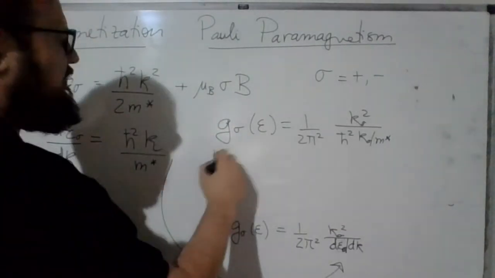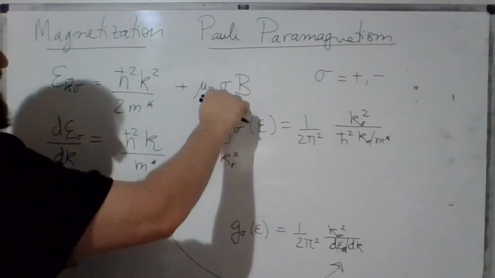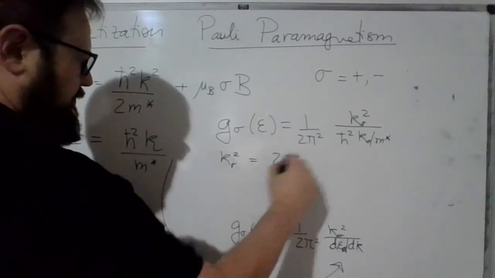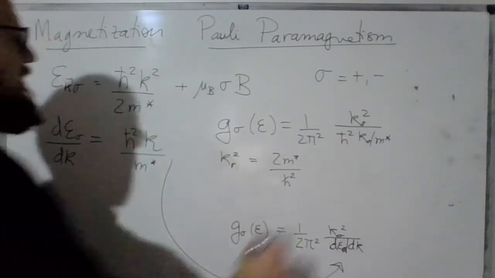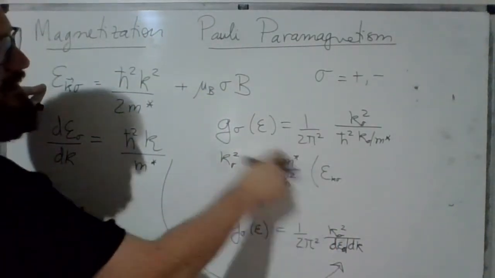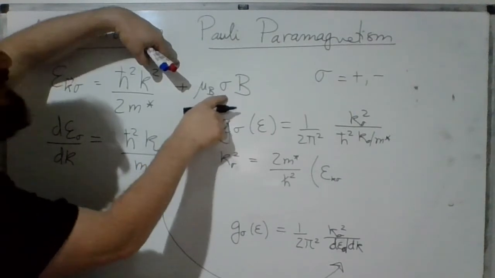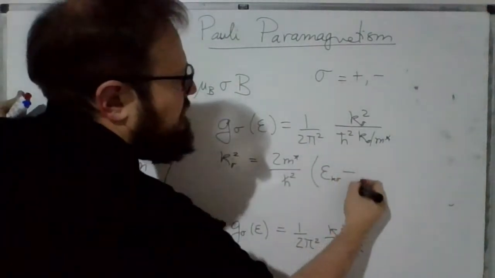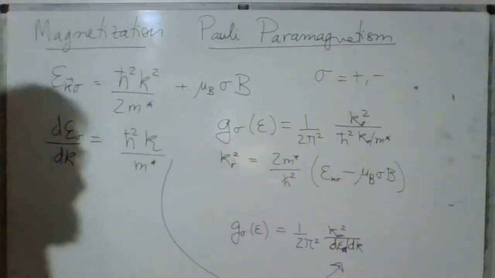And now k of sigma, look at that equation. k squared, depending on the choice of spin, will be calculated according to twice the effective mass divided by the Planck constant squared times the energy for that spin, which in the notation we use just as the energy, plus Bohr magneton times sigma times B. When we move to the side of the energy, it will change sign, and therefore will be written this way.